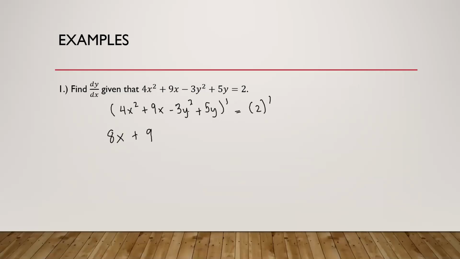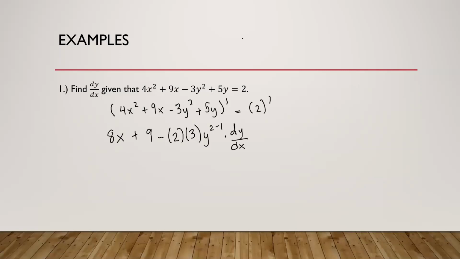Kaya lang, di ba si 3y squared, hindi natin siya talaga ma-differentiate, pero mapipilitan natin siya ma-differentiate. So, ang mangyayari, we're going to use the same rule dyan. So, yung exponent na ito ay 2 times 3, tapos yung y, 2 minus 1. Ang mangyayari dyan, maglalagay na tayo ng dy over dx.